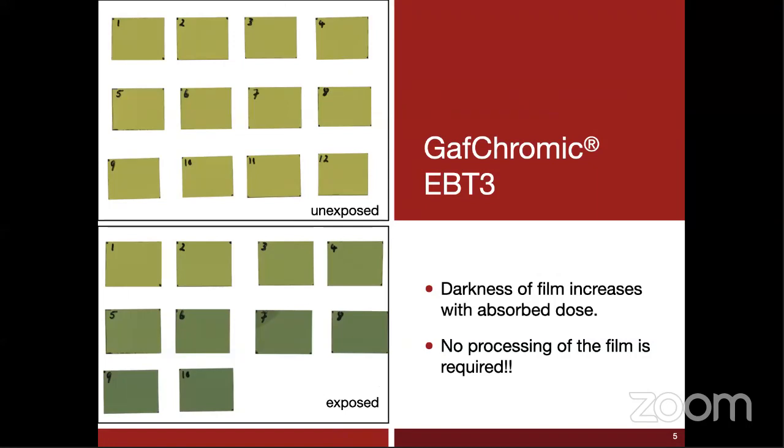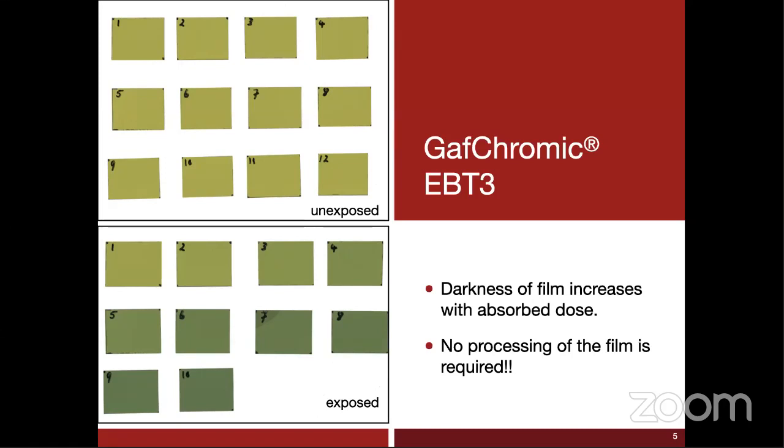So basically, when you irradiate a film, the film becomes darker, and this darkness increases with absorbed dose. The nice thing about the films is that you don't really require processing on the film. It's self-developing. You just leave it after you irradiate for some time, and then you'll see the darkness there.